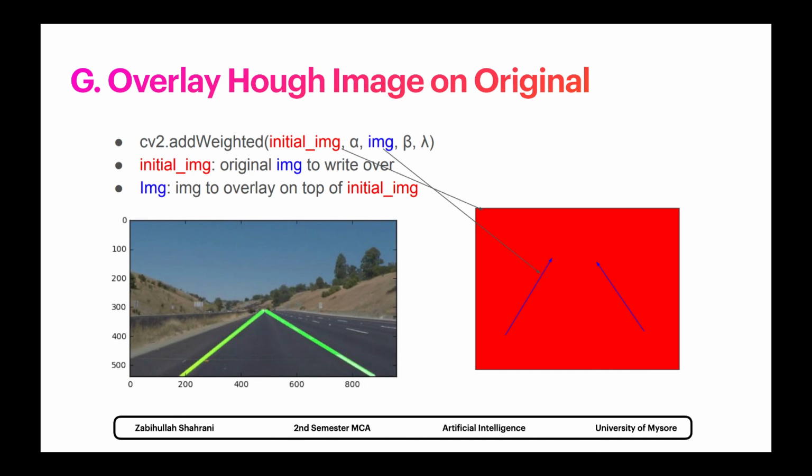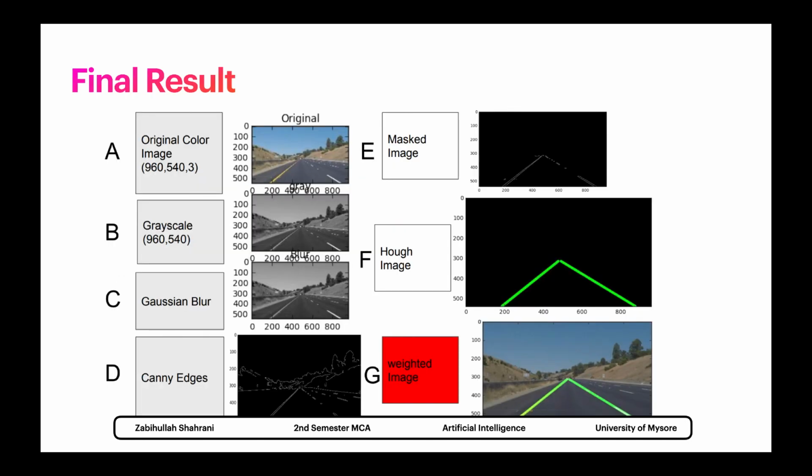So we'll look at the next slide for the processes we have done so far. Here is our overall result. Starting from step A, we had the original color image, and then we changed it to red, green, blue, three different colors, and then we applied the Grayscale function on those red, green, blue images.